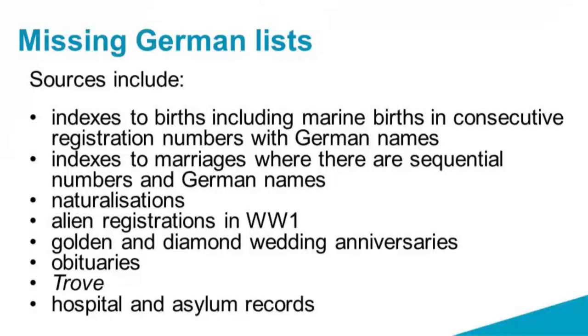So, missing German lists. Sources include indexes to births, including marine births, and often they'll be in consecutive registration numbers with German names. Again, indexes to marriages where there are sequential numbering and German names. Naturalisations: often on naturalisation records you can find a ship name mentioned. Alien registrations in World War I. Newspapers with golden and diamond wedding anniversaries, where you can often get a mention of a ship or a year that they arrived in.